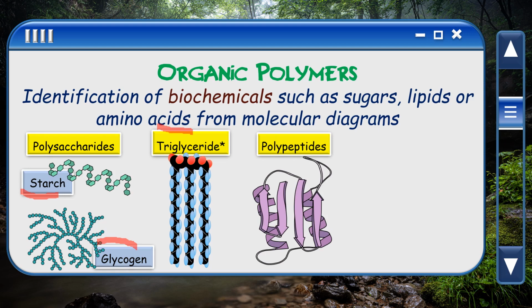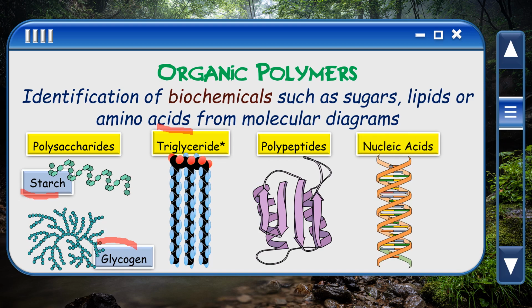Polypeptides, these are made from amino acids and they give us the proteins. And we have the nucleic acids. These are the ones that are going to form the DNA and RNA, and they come from nucleotides. All those ones, they are polymers. They are organic polymers.